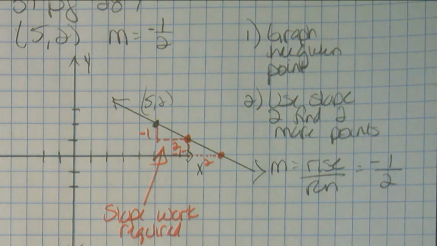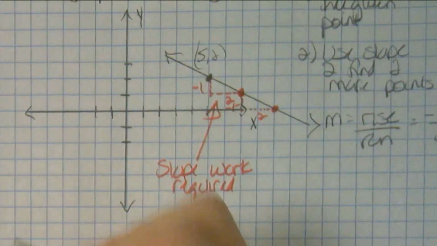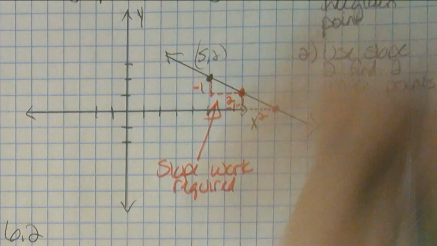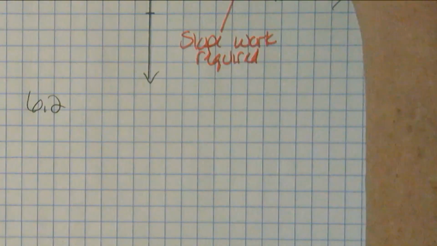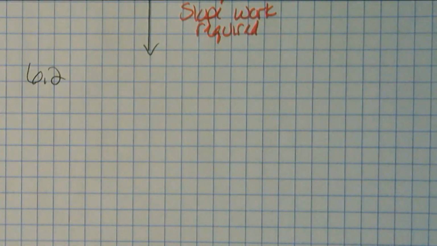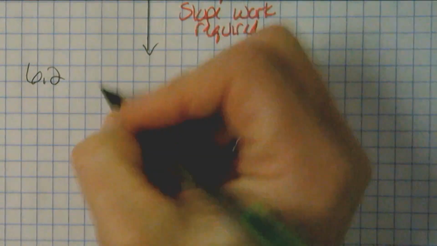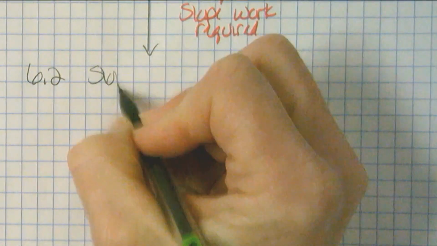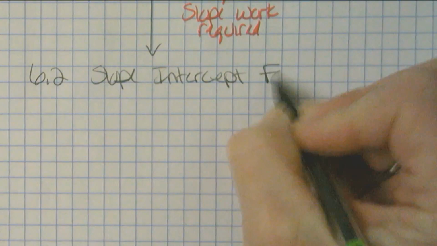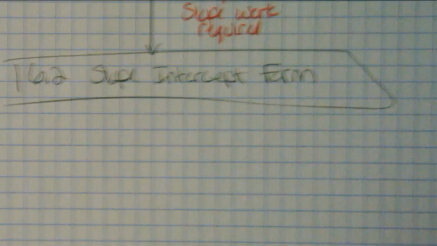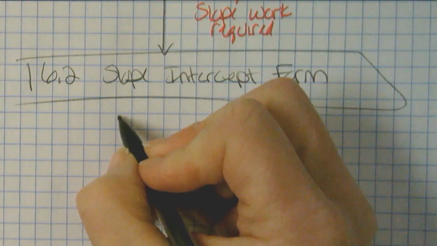Okay. Let's talk about slope-intercept form. So we're jumping to 6.2. We're going to be talking about slope-intercept form. These are linear.